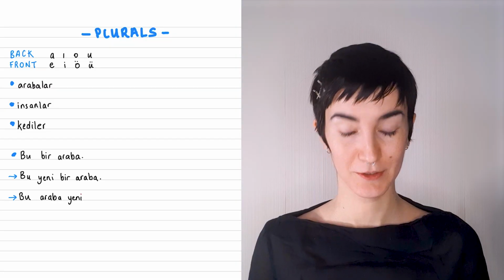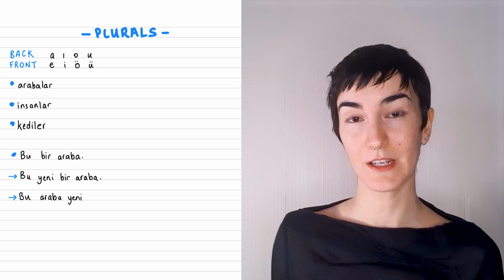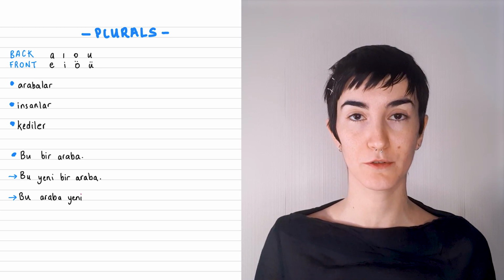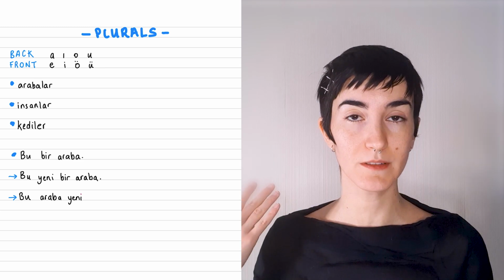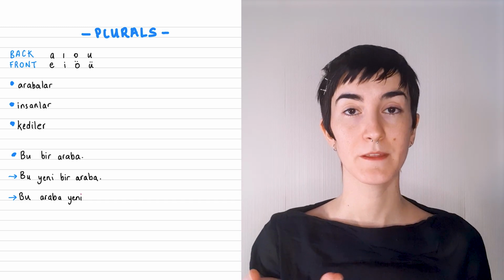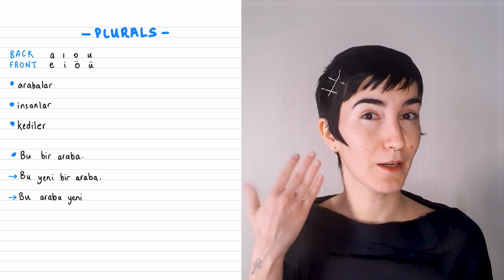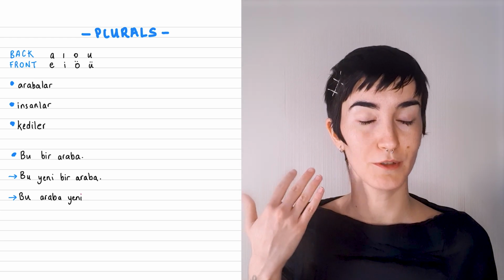Let's begin with plurals. And by way of this, we get to take a look at vowel harmony. So let's look here. We have some vowels. In Turkish, we divide our vowels into two major groups, and these are back vowels and front vowels. The back vowels are the ones that you literally pronounce at the back of your mouth and maybe your throat a little bit.